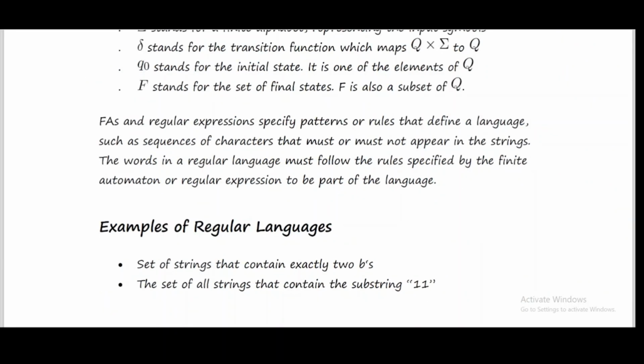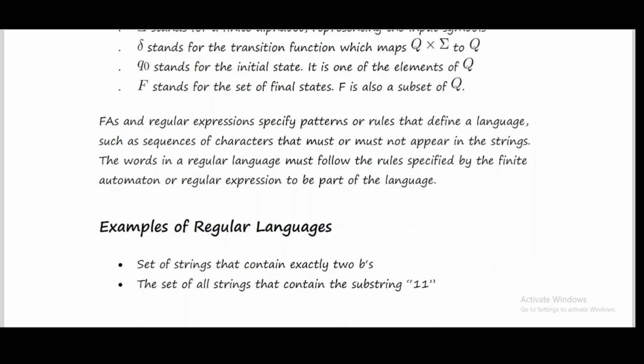Finite automata and regular expressions specify patterns or rules that define a language, such as a sequence of characters that must or must not appear in the string. We specify that this sequence of characters should be there, and this should not be there.